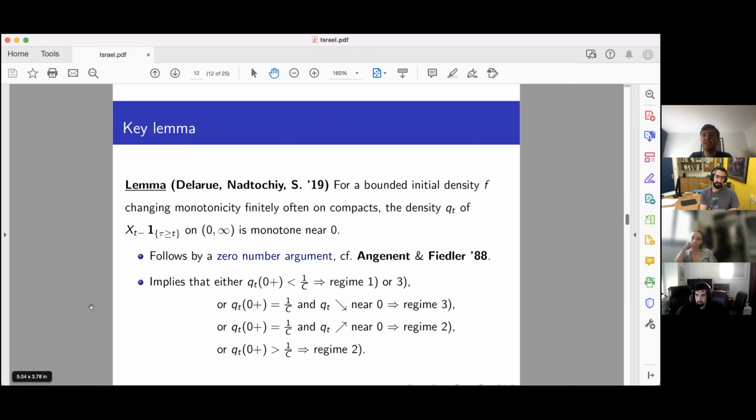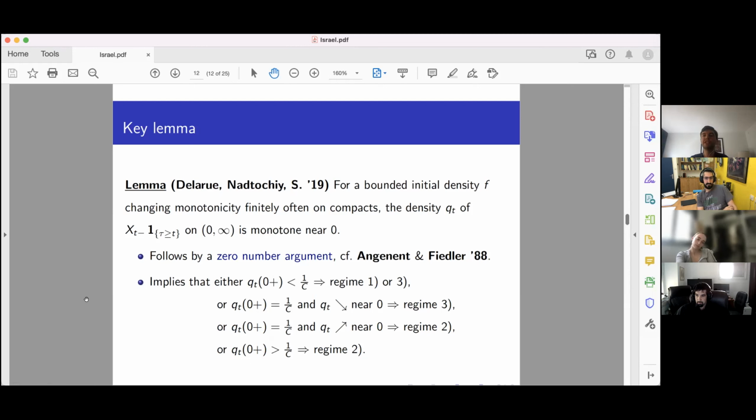The situation which you need to rule out, to convince yourself that there are only these three possibilities, is a situation where you have oscillations, where your temperature is exactly at 1/c and then starts oscillating. So you're not going strictly below 1/c or strictly above 1/c, but you have sequences of points, one which is above and one which is below.